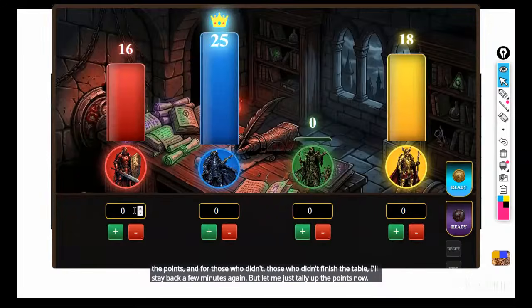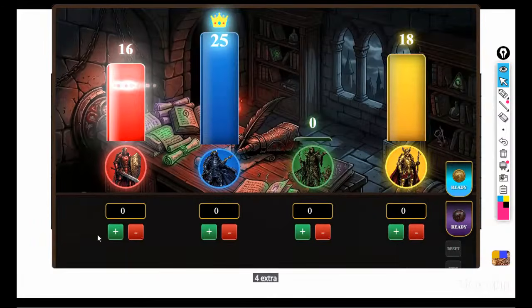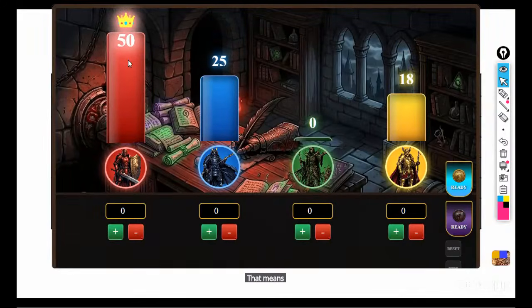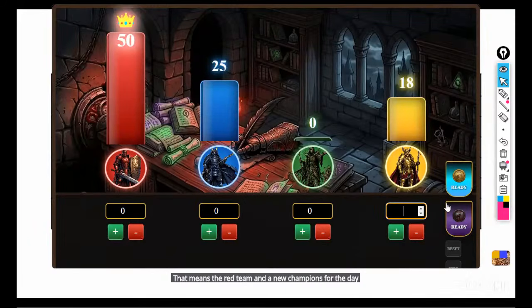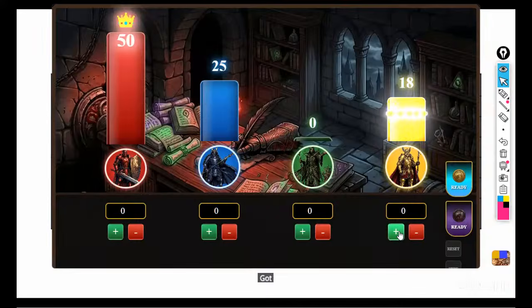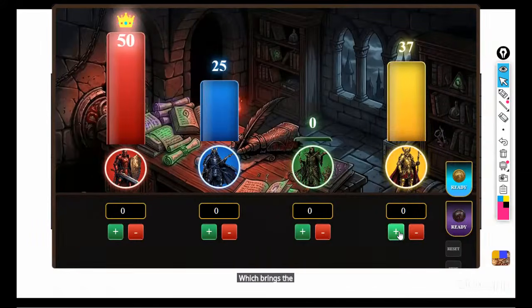So today, the red team got a total of 34 extra points. That means the red team are the new champions for the day, and the yellow team got 19 extra points, which brings the yellow team into second place.